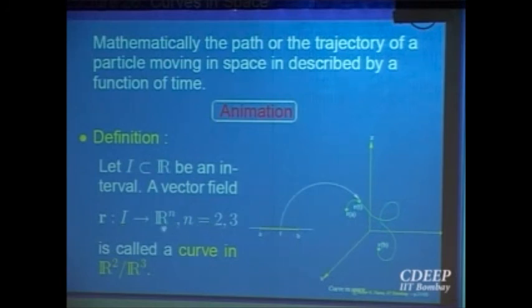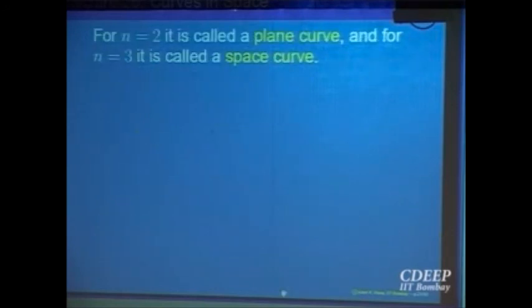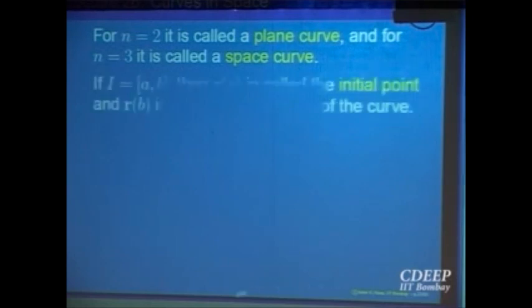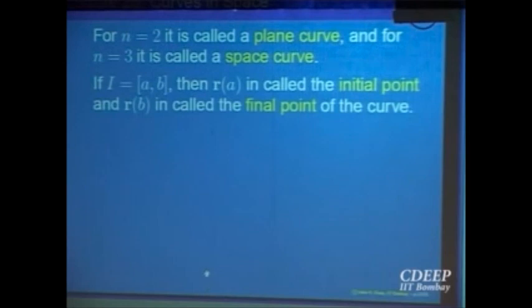Okay, so if the values are in R2, you say this is a curve in R2, or a plane curve, and if the values are in R3, you say it is a space curve. So plane curve and space curve. But before that, let us just give some more notations.